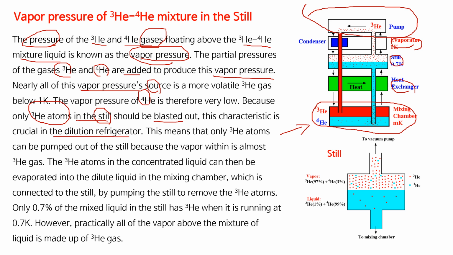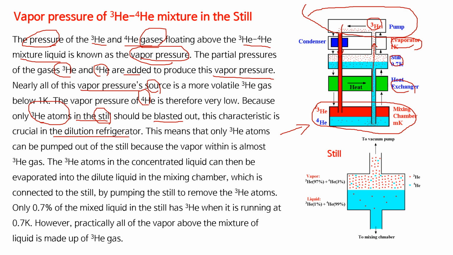Two pipes are connected to the mixing chamber. One is for recycling of helium-3, and another is for pumping the helium-3 atoms.